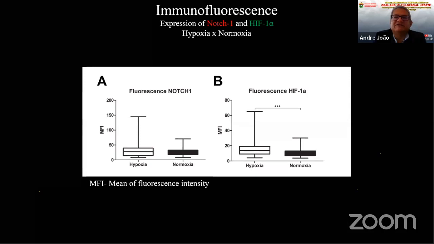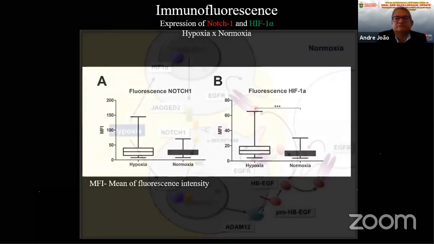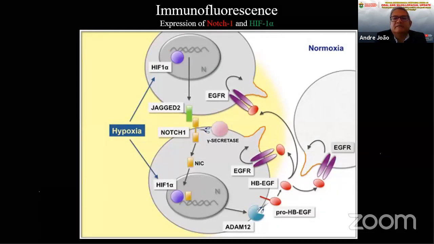We have a statistical difference only in the level of HIF-1 alpha. Of course, HIF-1 alpha is only expressed in hypoxia conditions. It's clear, it's obvious. You have more expression of HIF-1 alpha in hypoxia condition in the ameloblastoma cell line.